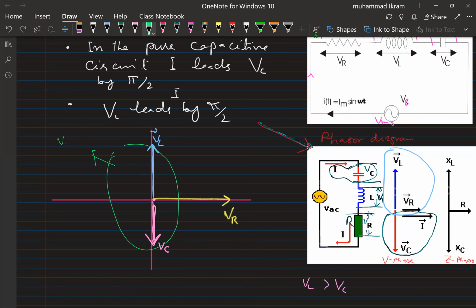It will be VL minus VC, and let's say I choose it in a direction like this, to complete my phasor diagram. So this will be VL minus VC.